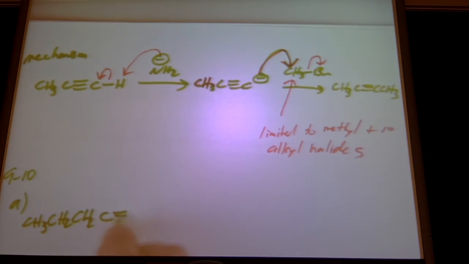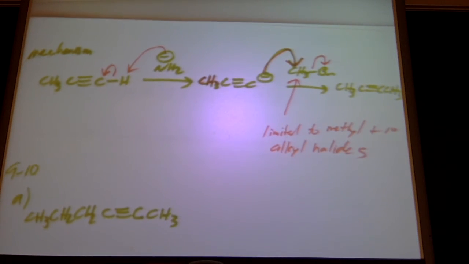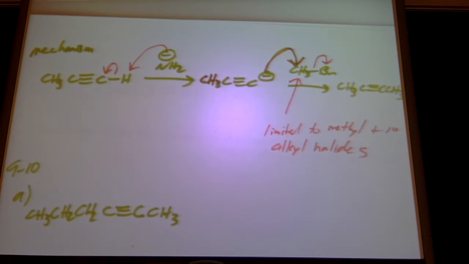So look at 9-10 first. And so it says, show the terminal alkyne and alkyl halide from which the following products can be obtained.